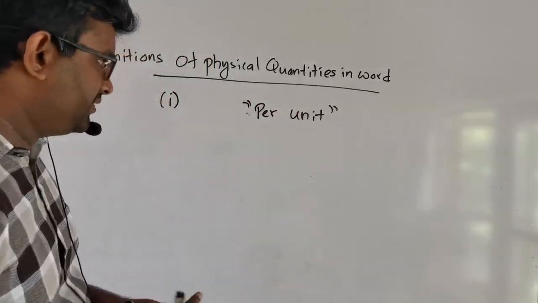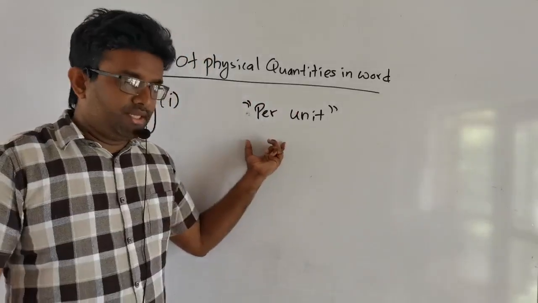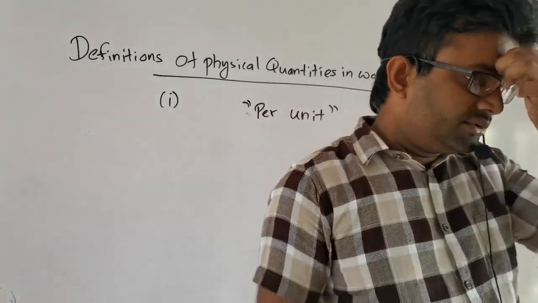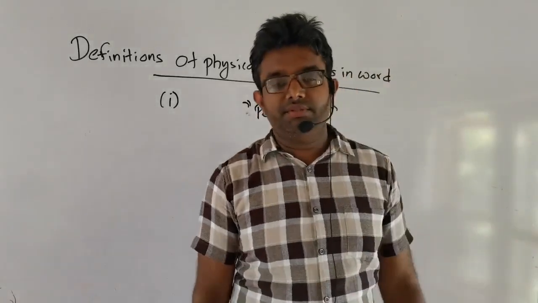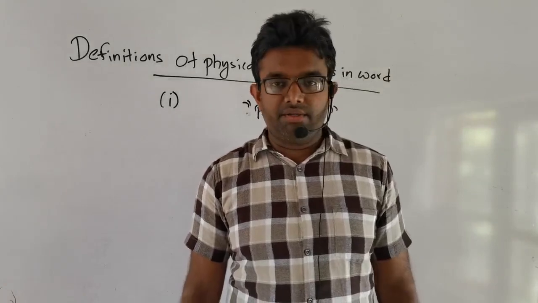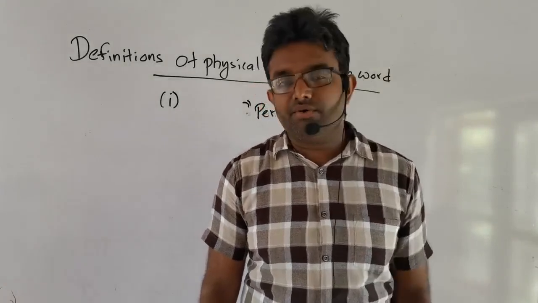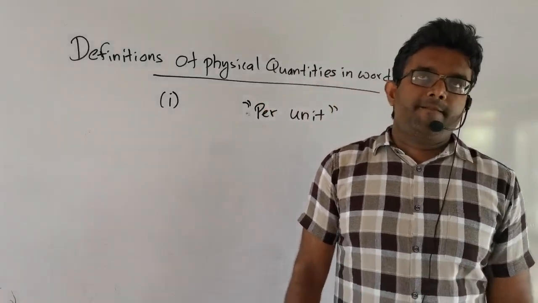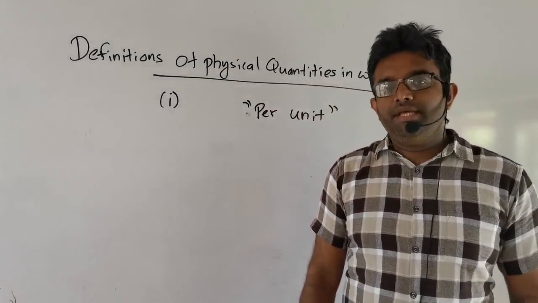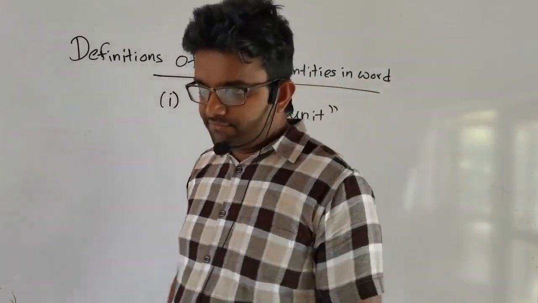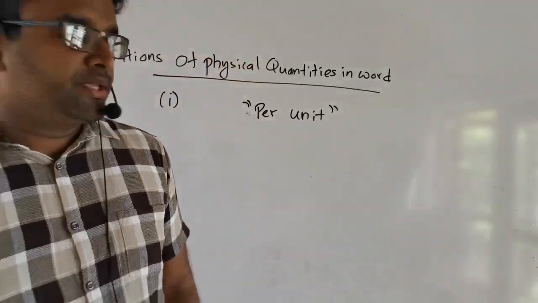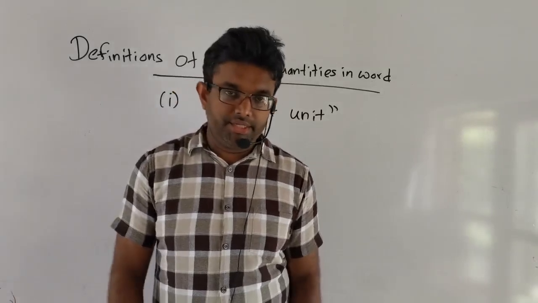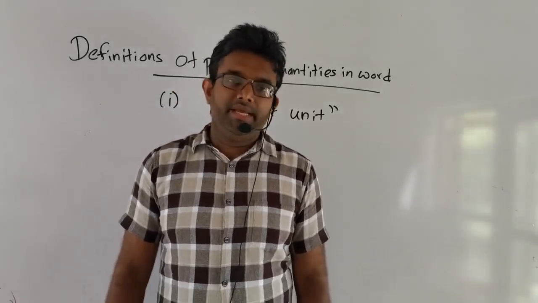If there is the word per unit in front of any physical quantity, we need to mention that physical quantity in the denominator.